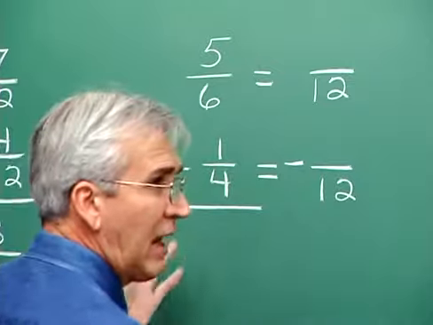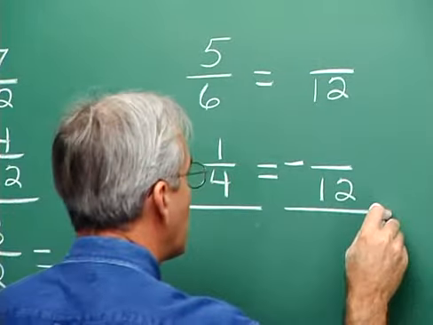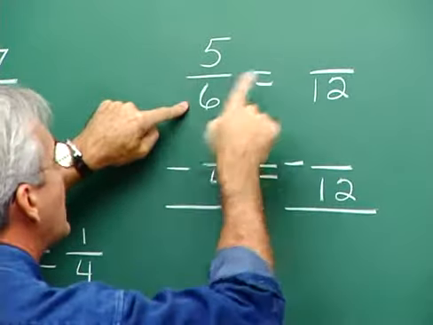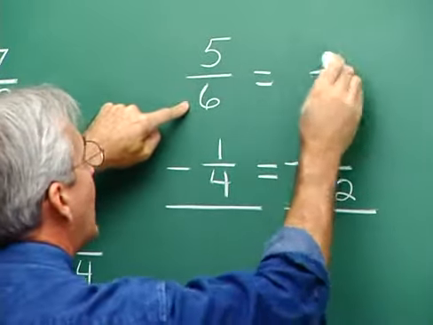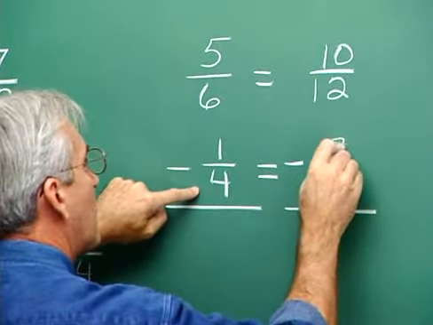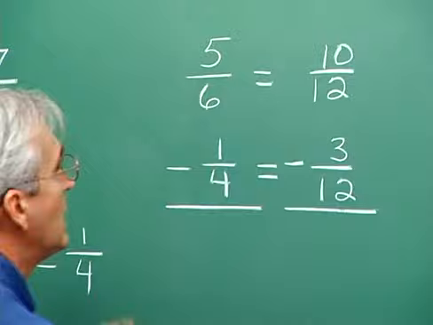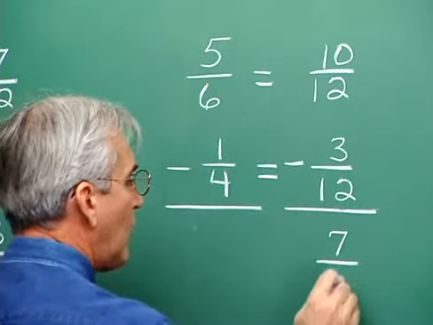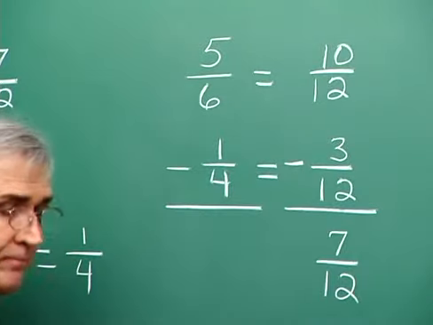But with subtraction, I think it makes a little more difference. At any rate, we need new fractions. 6 into 12 goes 2. 2 times 5, 10. And down here, 4 into 12, 3. 3 times 1, 3. And now we're ready to subtract. 10 minus 3 is 7. So this is 7/12 for our answer.